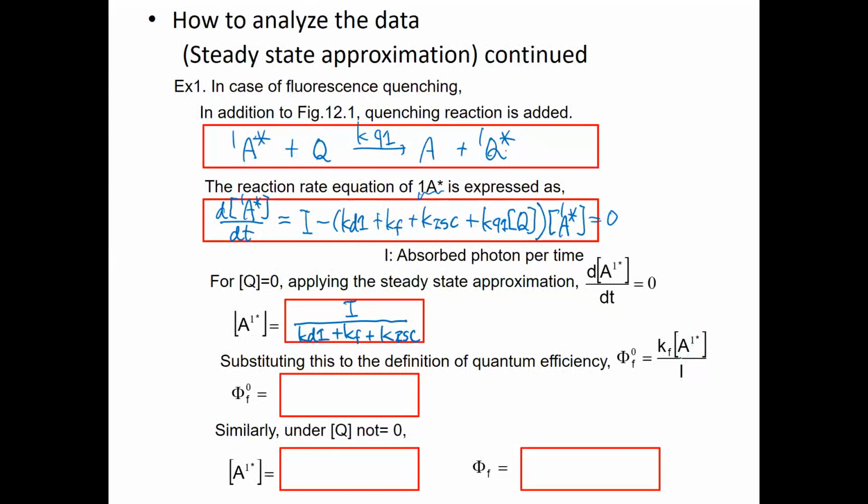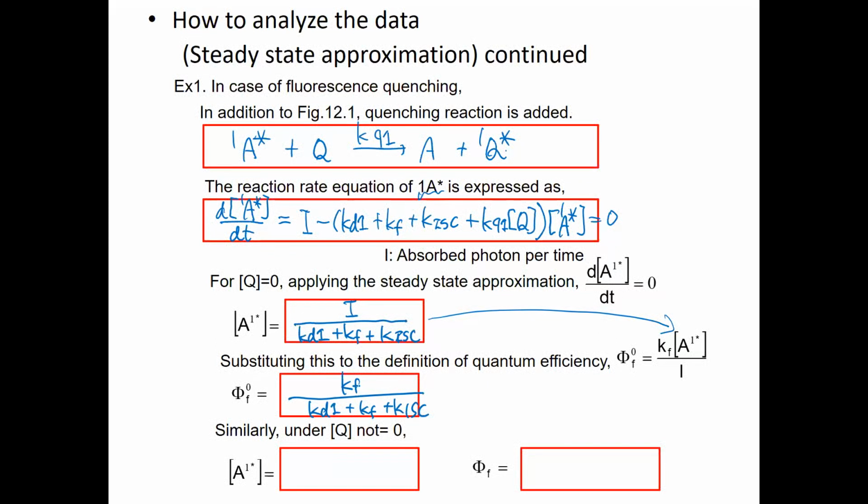So this one is substituted here, and you could obtain the quantum efficiency of fluorescence like KF divided by KD1 plus KF plus KISC, like this.